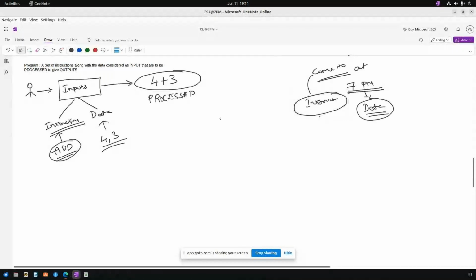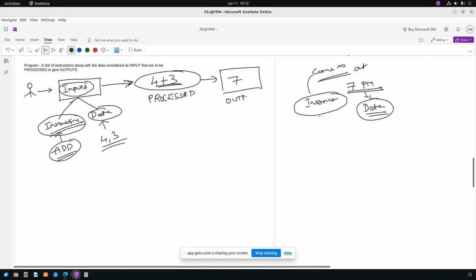So that is why instructions and the data must be combined to give you the overall idea on the input. Those inputs are to be processed to give the output. So what is 7 here? 7 is going to be the output. What exactly does this mean?